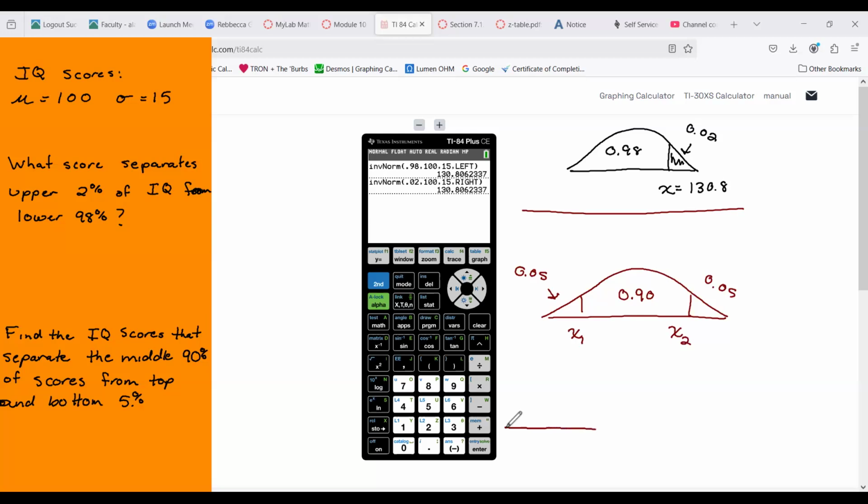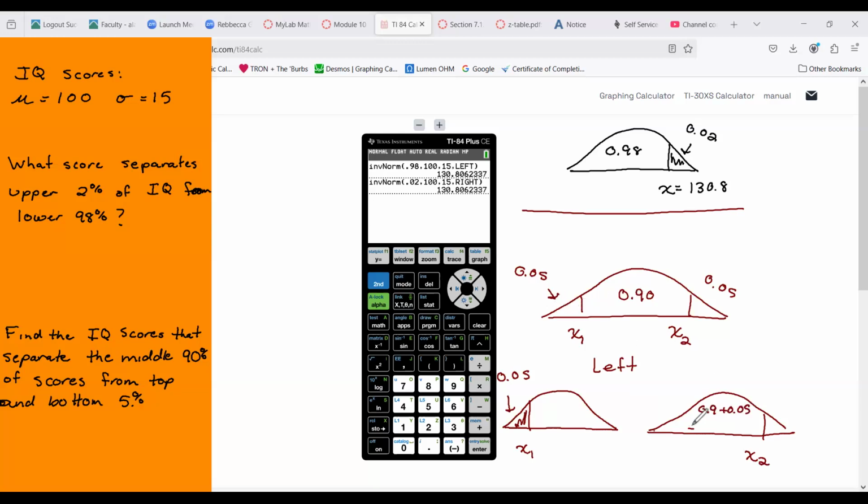So assuming you do this all left tail, if we just did a left area, that means for X1, we're looking for that 0.05 to the left. And then for X2, what we have here is the 0.9 plus the 0.05 that's left in that tail.